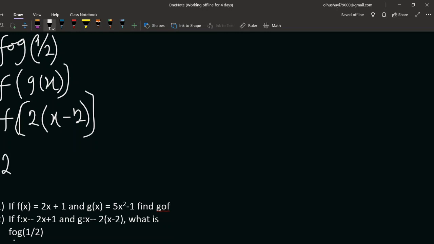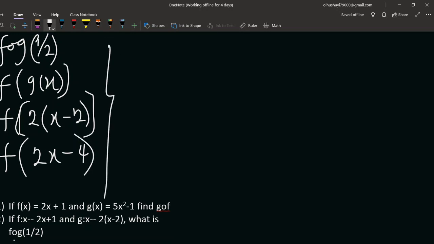You can expand this first. So that implies that you have f of 2x minus 4. Isn't it? So working with that, you are going to be having 2 open bracket 2x minus 4, then plus 1.